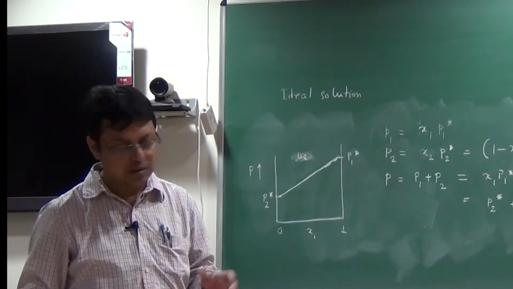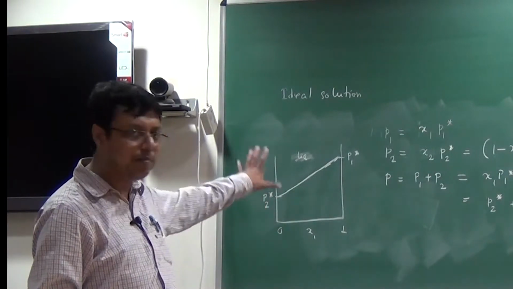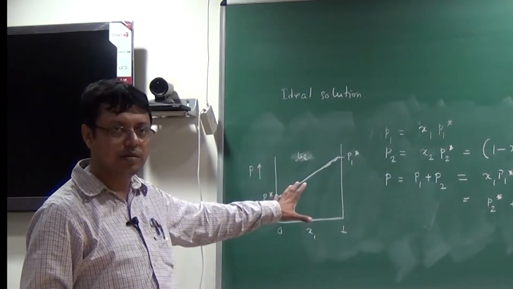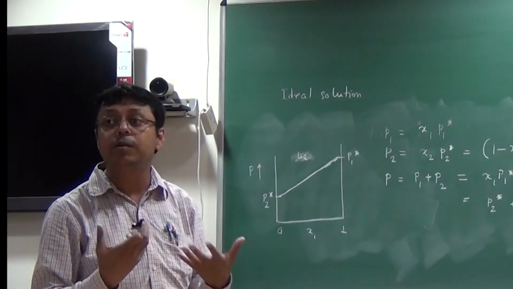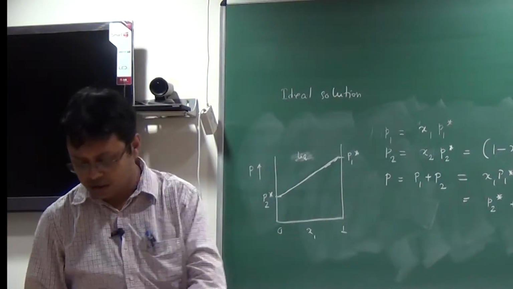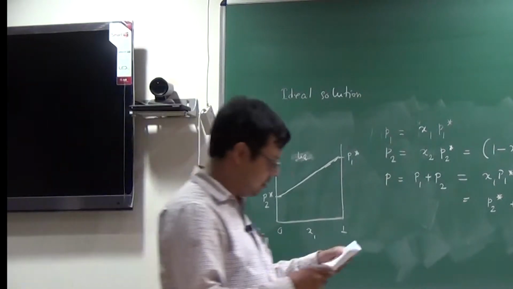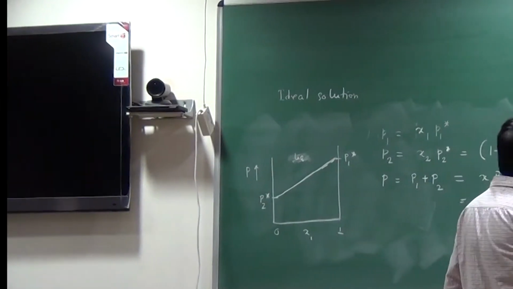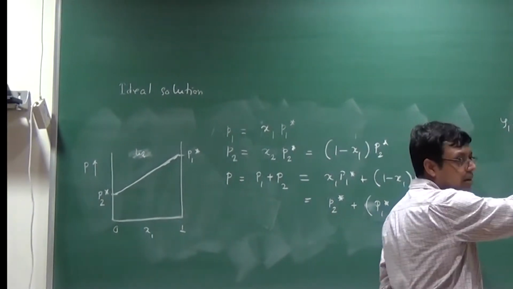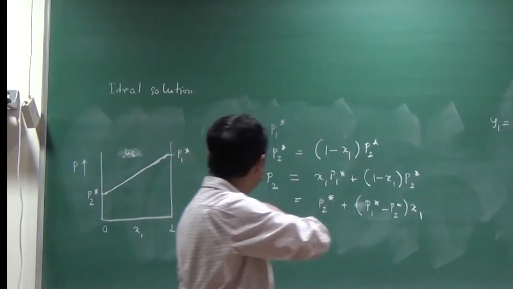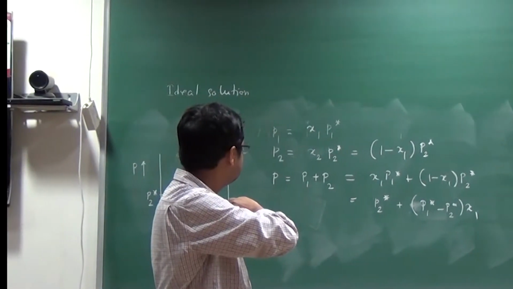Clear? So what I am going to do is the same plot, but with a different variable. That is basically looking at the problem from the vapor's perspective. Now how do I do it? It's again very easy. I'm just using this particular notation: y1 star, sorry, notation also here.